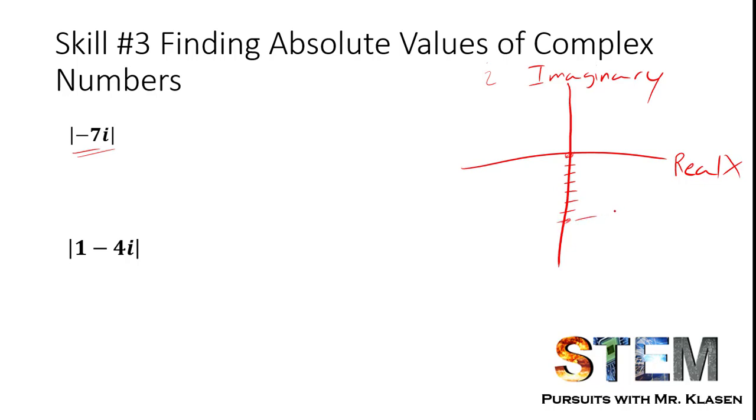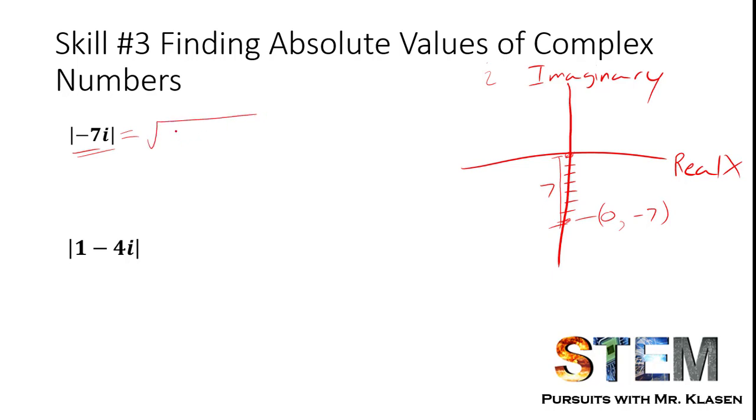With a 0 real component and a negative 7 imaginary component, this should have a magnitude, a distance, of 7 from the origin. So literally what is happening when we find an absolute value is a derivation from the Pythagorean theorem, more specifically the distance formula.